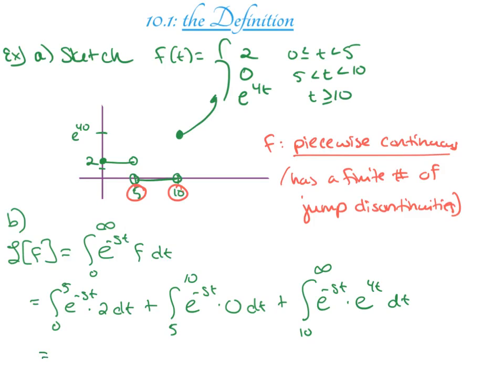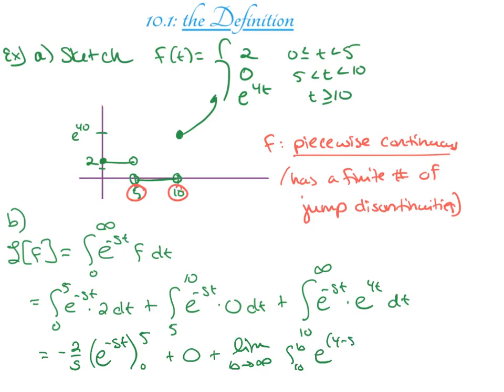So this first one is going to give me, let's see, negative 1 over s comes out. So I have a negative 2 over s times e to the negative st from 0 to 5. Then I have a big fat 0, and then the limit as b goes to infinity of the integral 10 to b e to the 4 minus s times t dt.